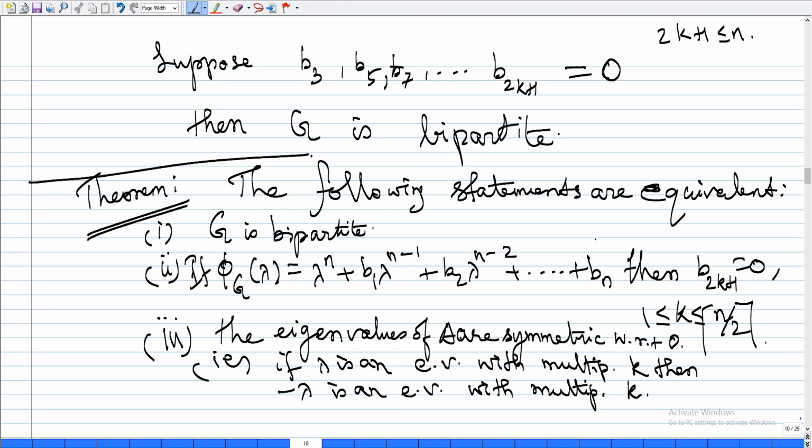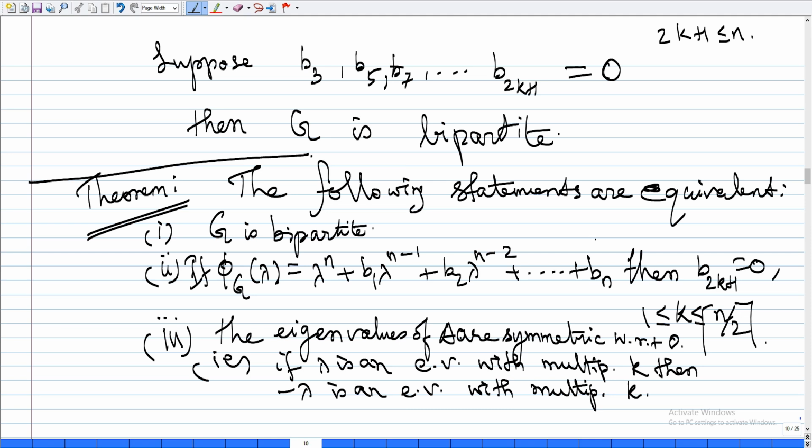It is equivalent: 1 is equivalent to 2, 2 is equivalent to 3 and 3 is equivalent to 1. This is how we characterize bipartite graphs from the eigenvalues.